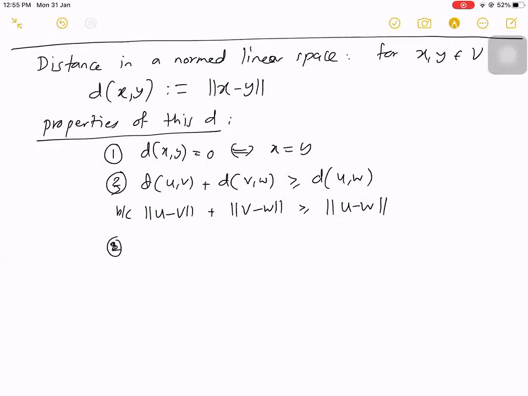What this says is that if I scale 2 points, then the distance between lambda x and lambda y is going to be lambda times the distance between x and y. But of course, what do I have to do for any scalar lambda?